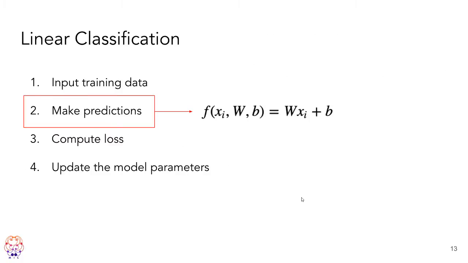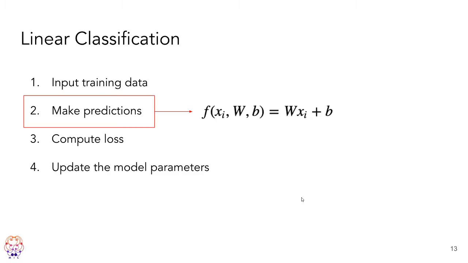Okay. So linear classification is part of this general training process. In order to linearly classify something, you need to go through a few steps. First you need some input training data in order to train your linear classification model. Then you need to make predictions based off of your model, and that's the main linear classification equation.